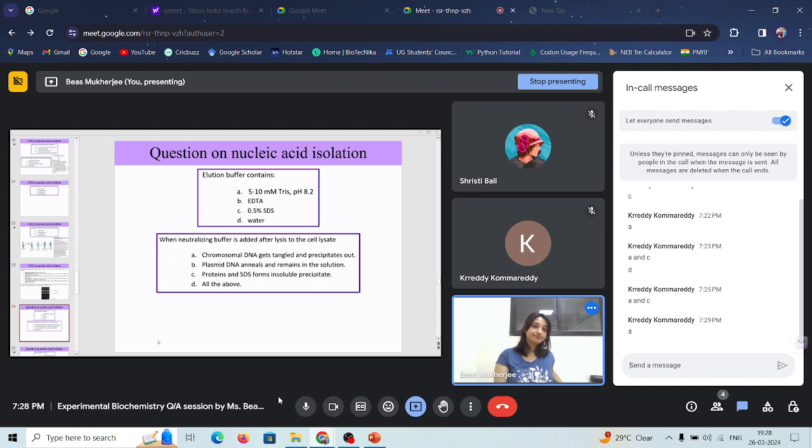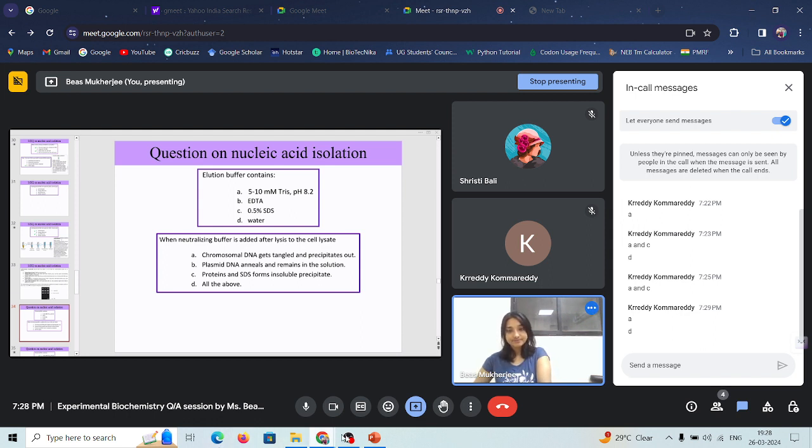Then when neutralizing buffer is added after lysis to the cell lysate, then what happens? Chromosomal DNA gets tangled and precipitates out, that is true, and then plasmid DNA anneals and remains in solution, that is also true. Proteins and SDS form insoluble precipitate, that is true. Therefore all of the above should be the right answer, right?